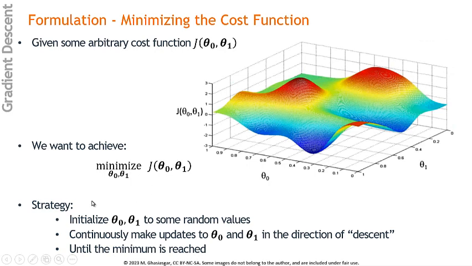Right, so this process is summarized here. Initialize theta 0 and theta 1 to some random values using your best preliminary knowledge. Continuously make updates to these variables in the direction of descent, that is, go downward, and then keep going until you can't go downwards anymore.